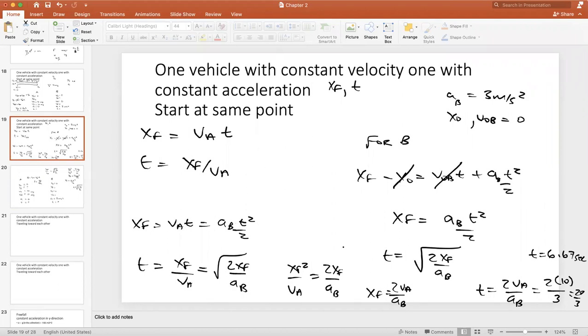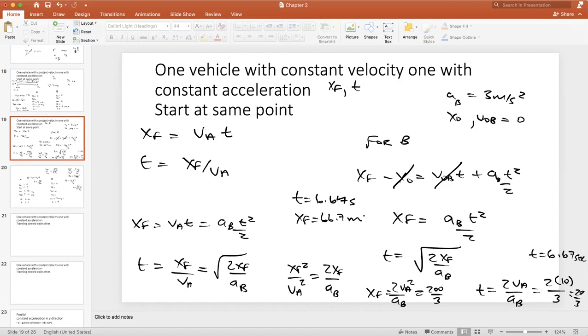So this equation here should have been x final over VA squared, and that would have given me the squared. So 2 times 10 squared is 200 divided by 3, so t is 6.67 seconds, and x final is 66.7 meters.